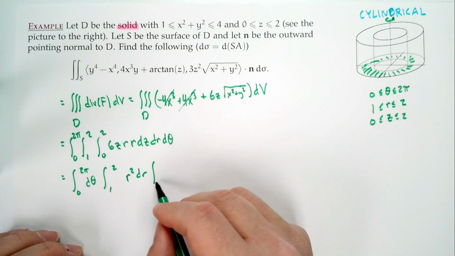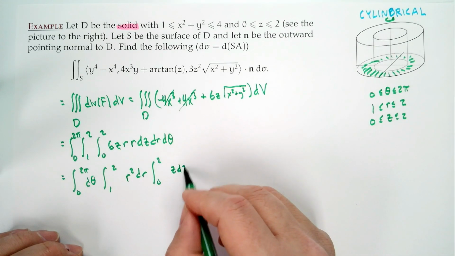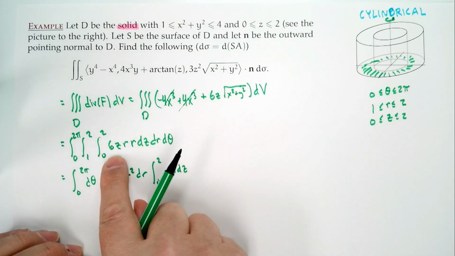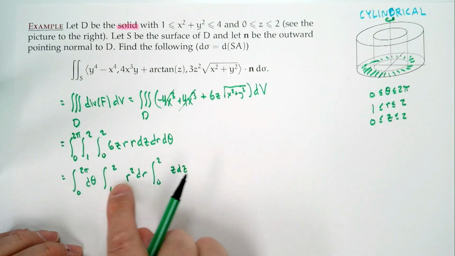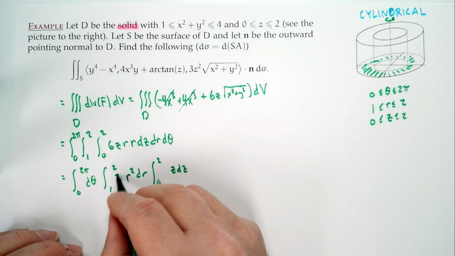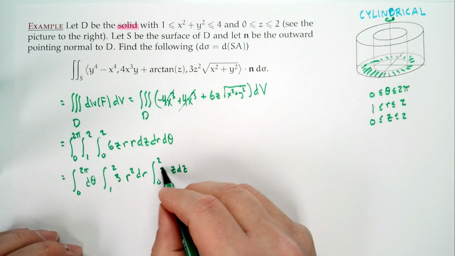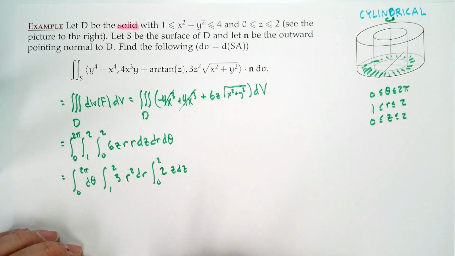And then we have the integral 0 to 2 of z. Also easy. And then we have a 6. Well, I can put the 6 anywhere. But you know what would be good is if we had a 3 here. So I'll go ahead and put 3 here. And then what would be good is if I had 2 there. Okay, I'll put 2 there. And 3 and 2 together make 6. Now, if you didn't see that, it doesn't matter. It would all work out in the end.